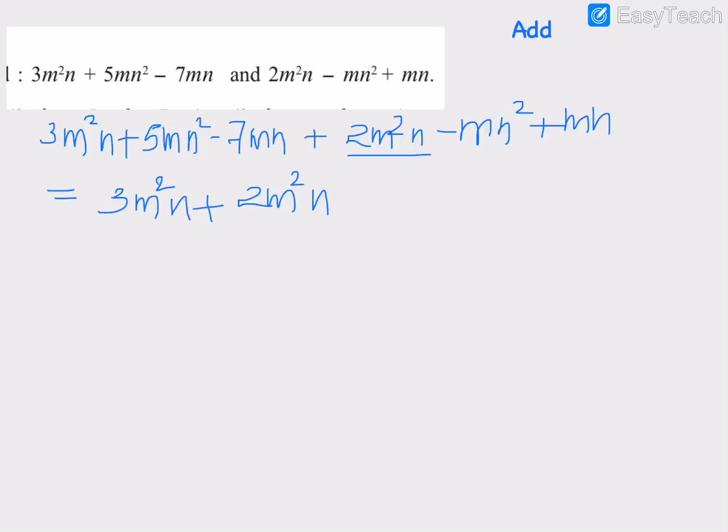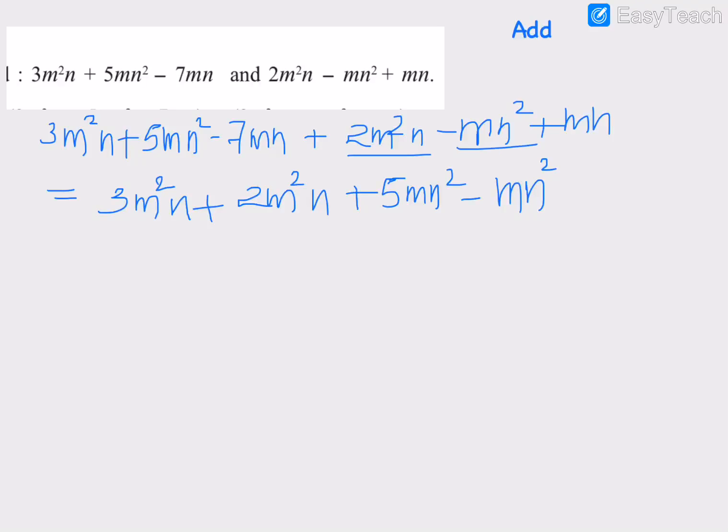We will go with the next term, that is 5mn square. The mn square term in the other polynomial is minus 5mn square, so we will write that, 5mn square minus mn square.